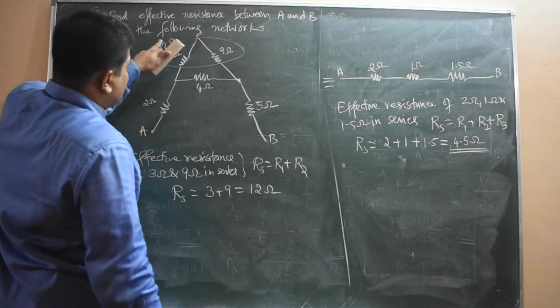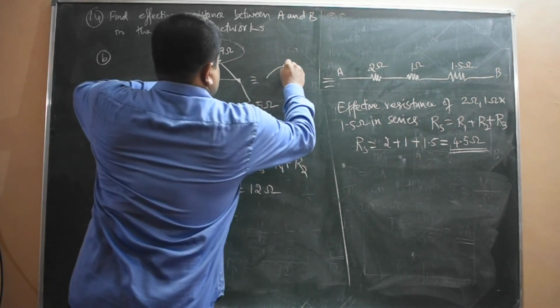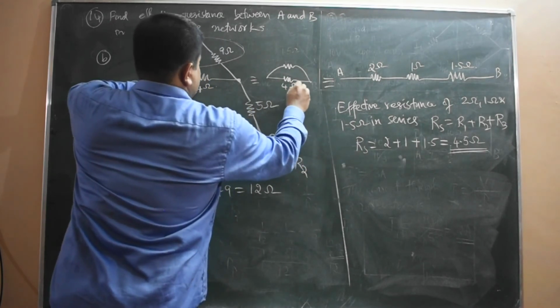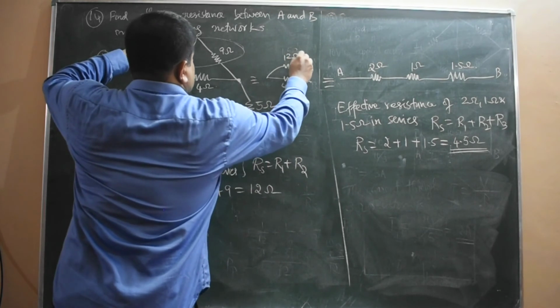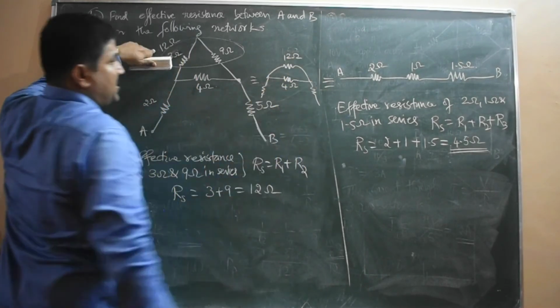Then after that, that 12 will be parallel to 4. The circuit becomes like this. Here it is 4 ohm as it is, whereas this is 12 ohm. There is no change here, we have not touched that.